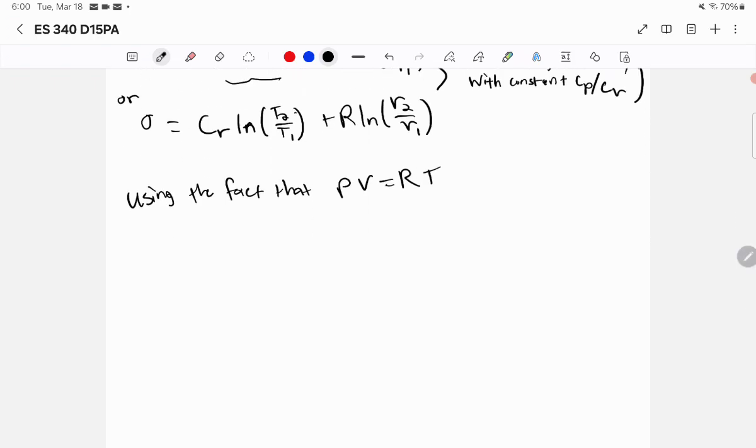But using the fact that for an ideal gas, PV is equal to RT, we can actually find that T2 over T1 is equal to P2 over P1 to the (k-1)/k. This one is pretty straightforward to derive.